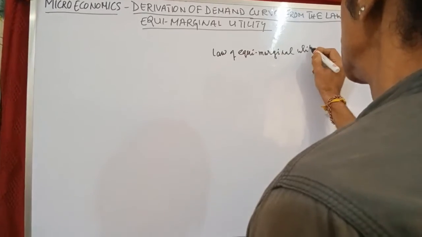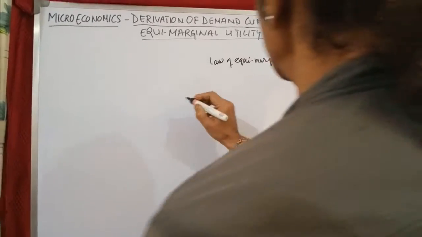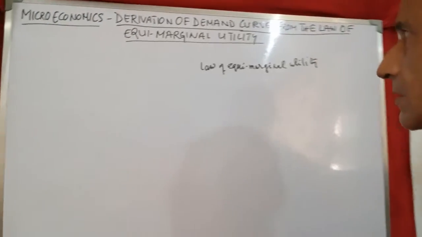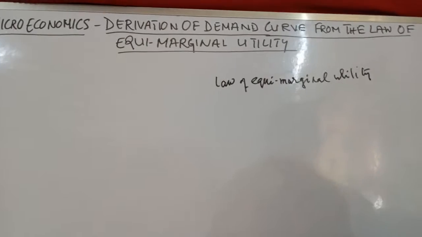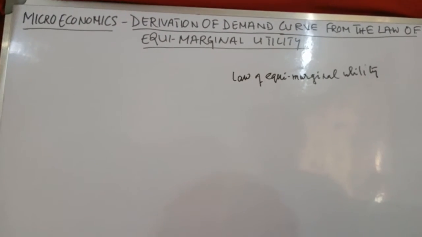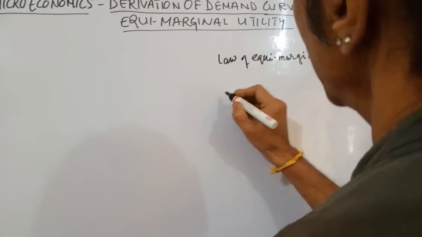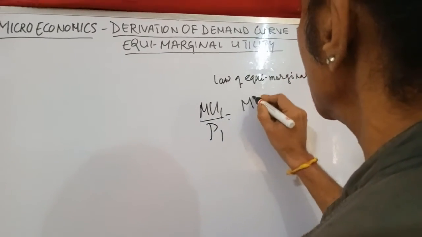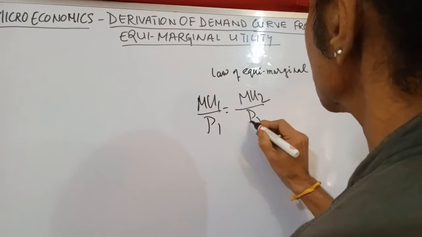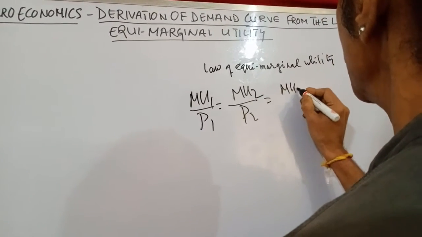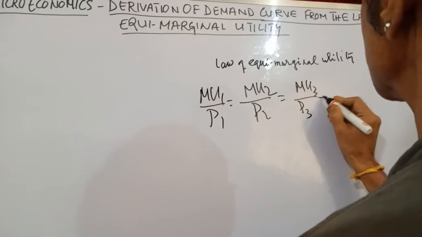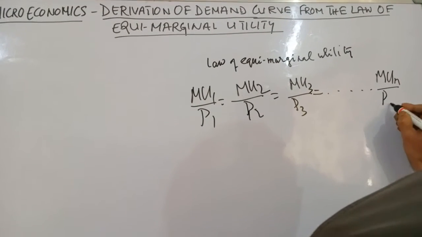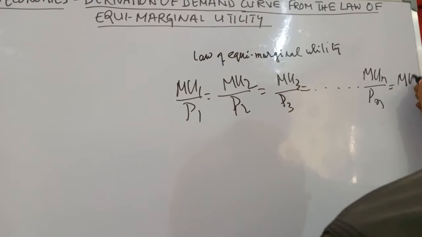The law of equimarginal utility states that the consumer will be in equilibrium, that is, the consumer will maximize his satisfaction from consumption of n number of commodities when MU1 by P1 will be equal to MU2 by P2 will be equal to MU3 by P3 will be equal to MUn by Pn, which will be equal to MUm.